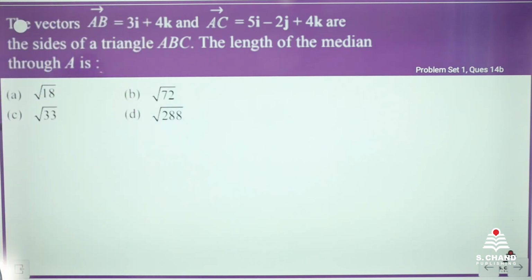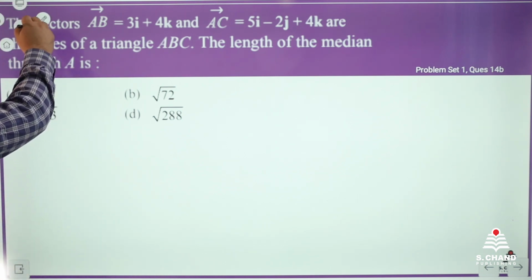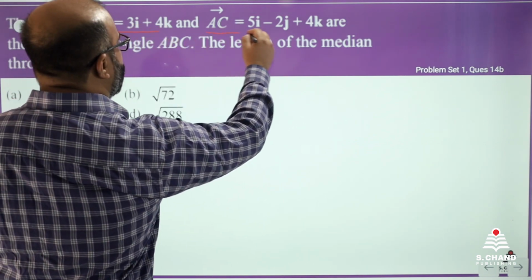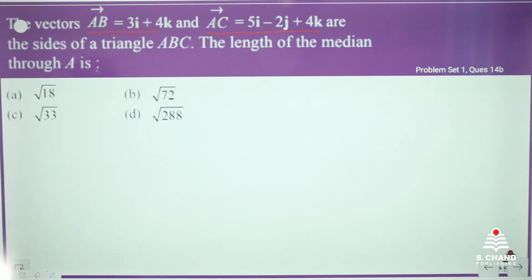The vectors AB is equal to 3i plus 4k and AC is equal to 5i minus 2j plus 4k are the sides of a triangle ABC, right? So there is a side AB, there is a side AC. The length of the median through A is asked.